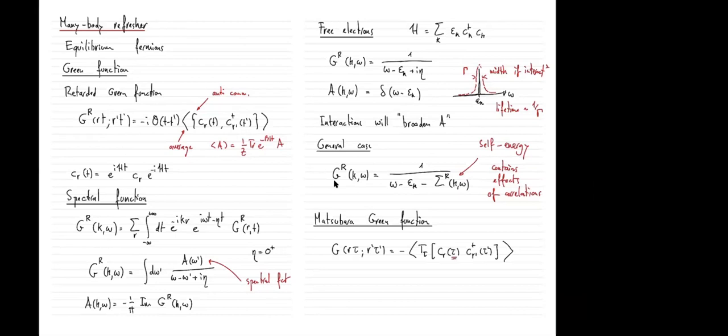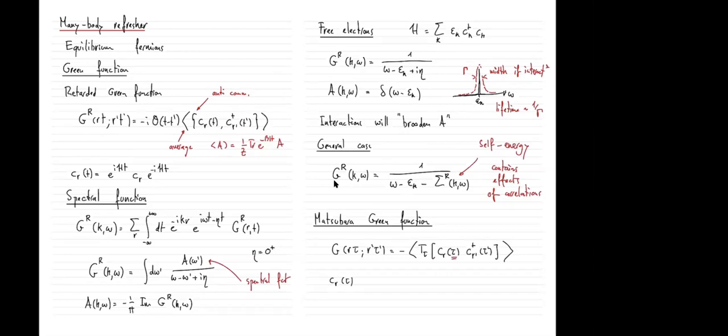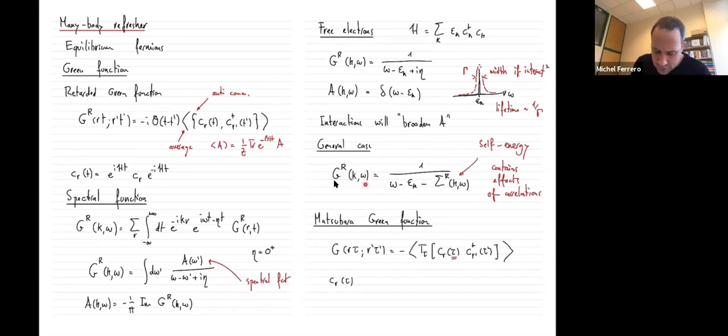There are other two questions. So yes, Mark Villa: in this general case, you don't have the integral over omega prime. Is the integration already done? In what general case? Sorry, I have to understand. Oh, you're talking about here. Yes, there are two equivalent ways to write G^R. So I can definitely rewrite this G^R as an integral like I have here, and I would find the spectral function.